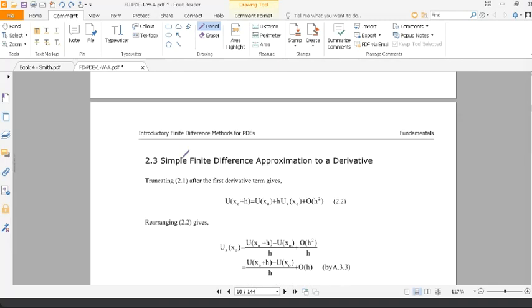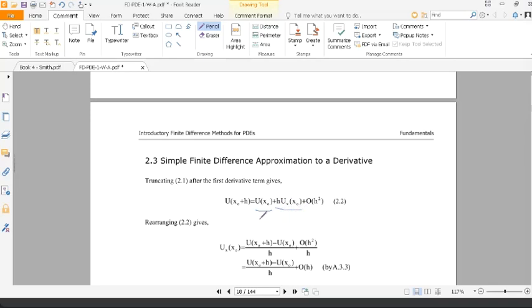For example, when we use the first derivative terms at the right side of the Taylor theorem, we have u of x0 plus h equals u of x0 plus h u_x of x0 plus O(h^2). Okay, it is the Taylor theorem where we have used only two terms of the right hand side.